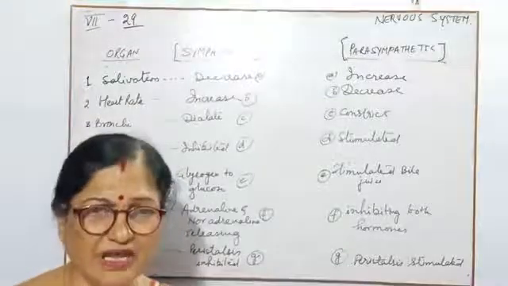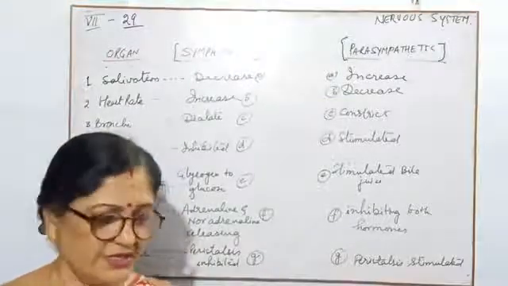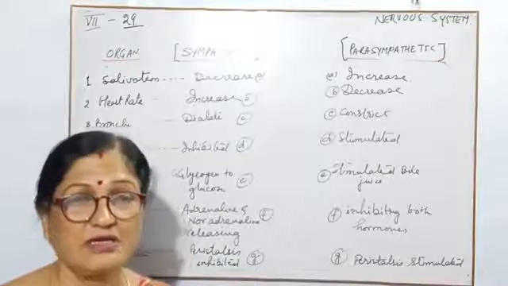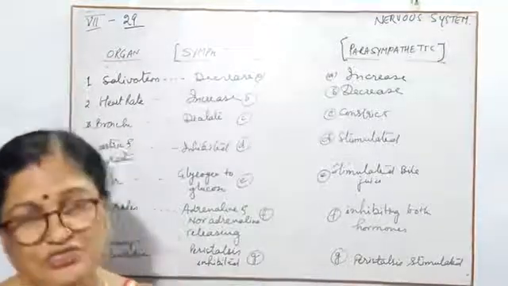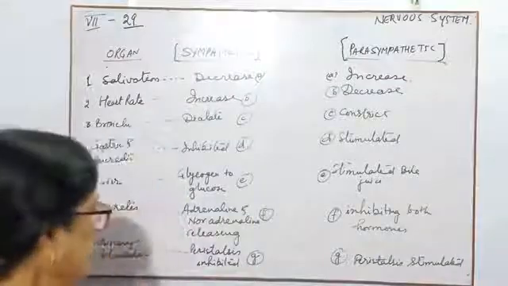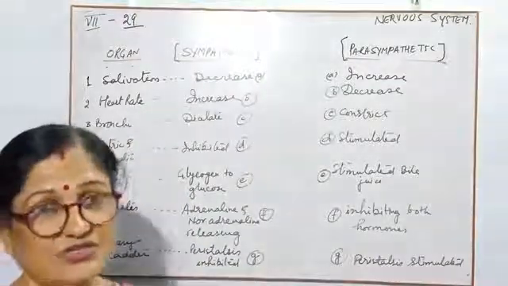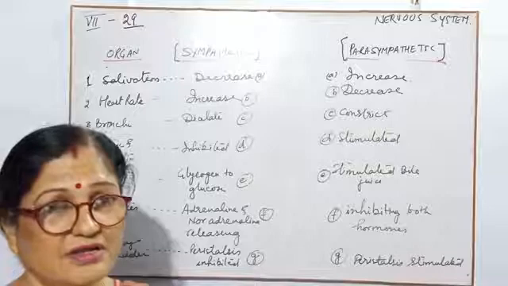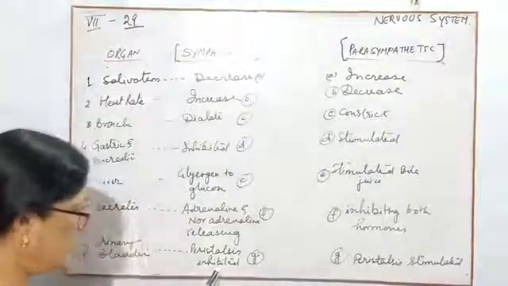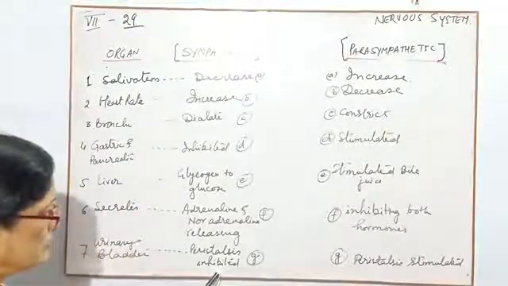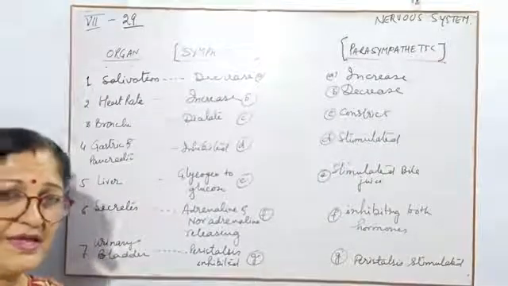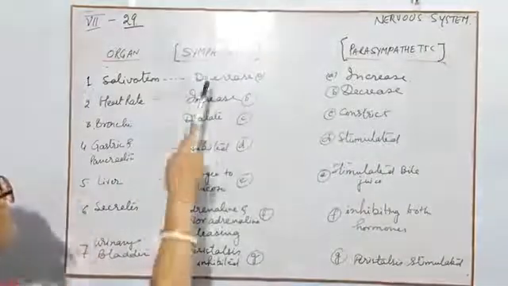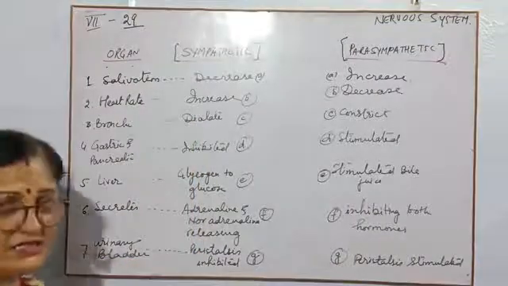If it has to store more urine, it does not expand, and during micturition or urination it cannot constrict. So peristalsis movement becomes inhibited. This happens along with the sympathetic system.